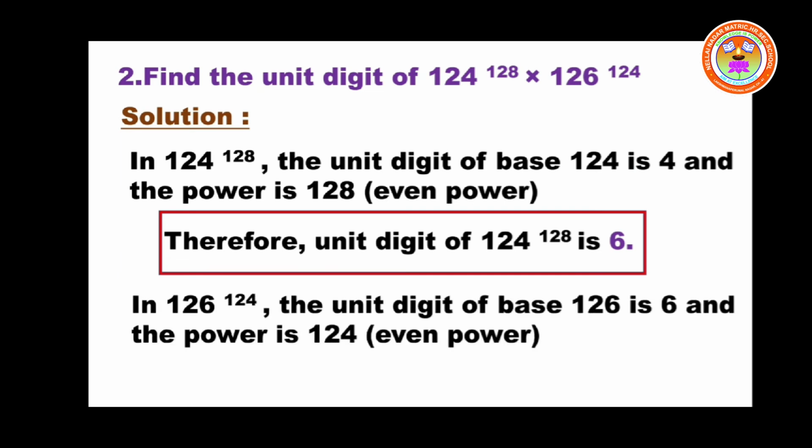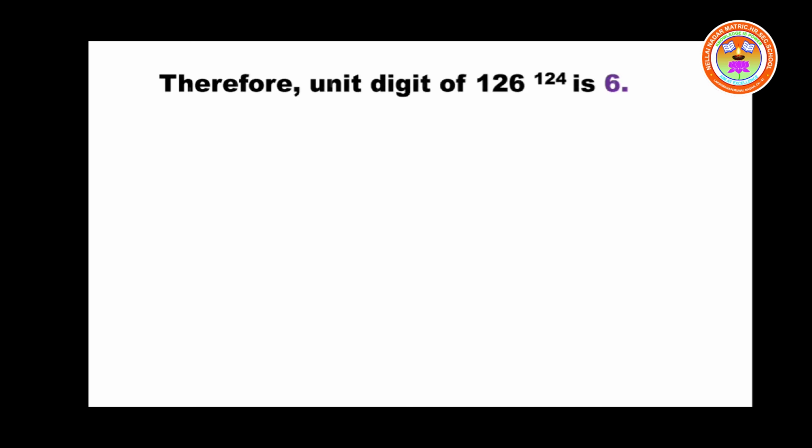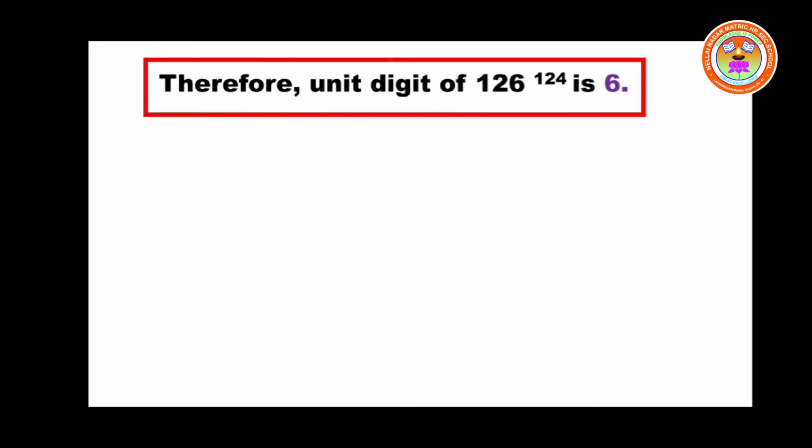So in 126 power 124, the unit digit of base 126 is 6 and the power is 124. That is an even power. Therefore, the unit digit of 126 power 124 is 6, because however many times you multiply 6, the unit digit you will be getting is 6 only.